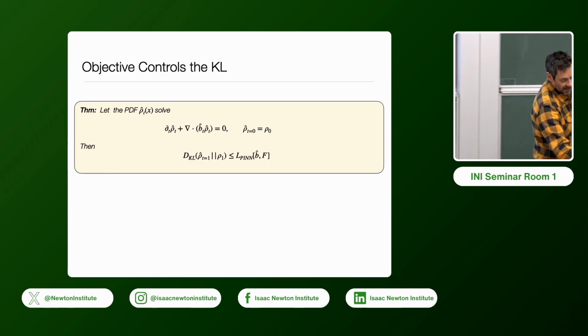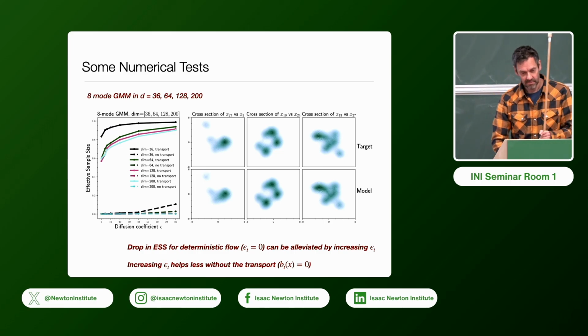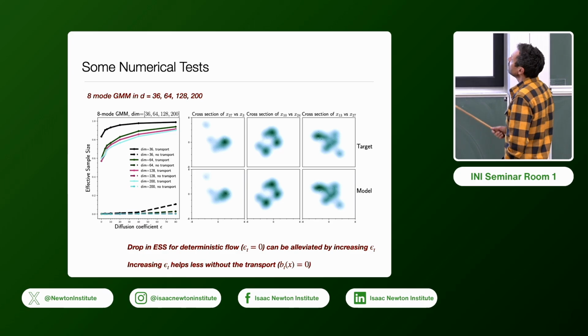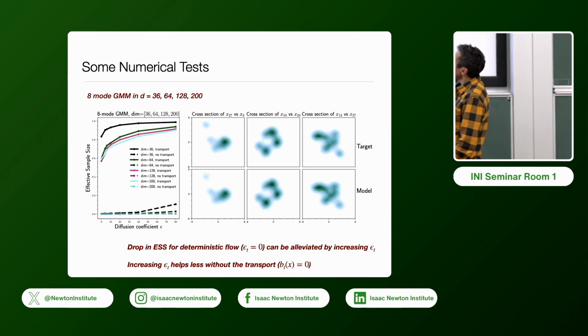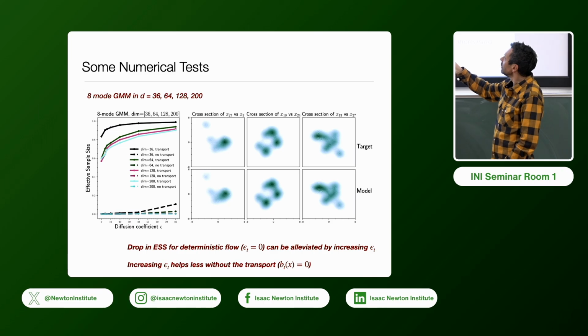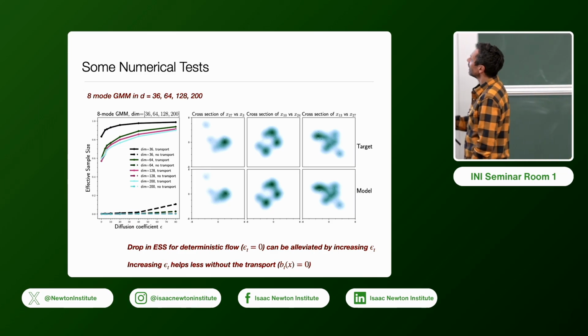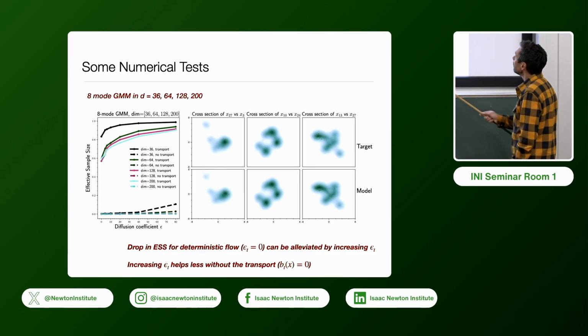Okay, let me flash by you two examples. Actually going fairly fast, so all good. So this is 8 mode GMM in 36, 64, 128, and 200 dimensions. I don't know why we didn't do 256, but that's what Michael decided. So you see slices here of this.